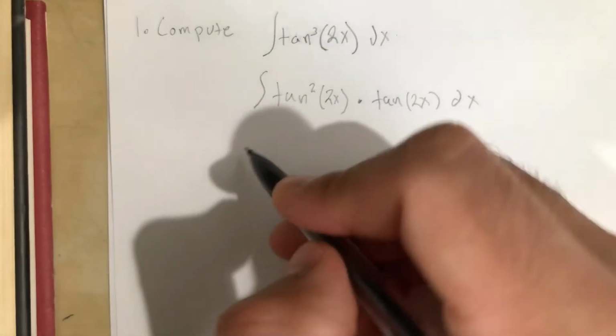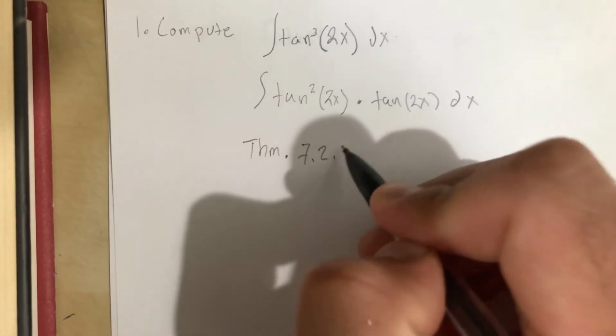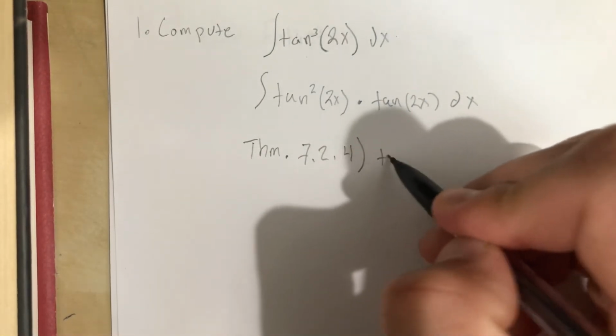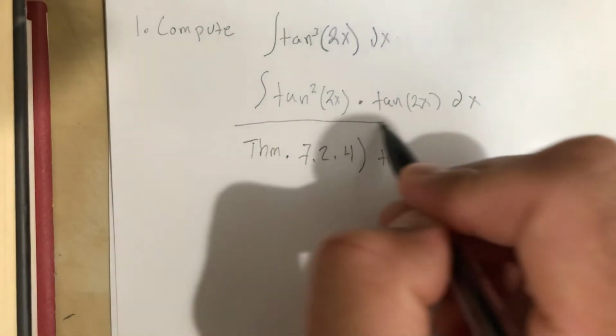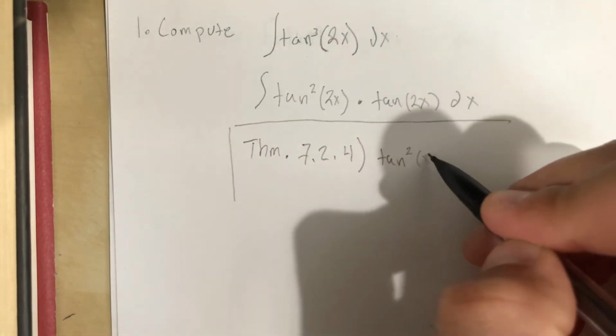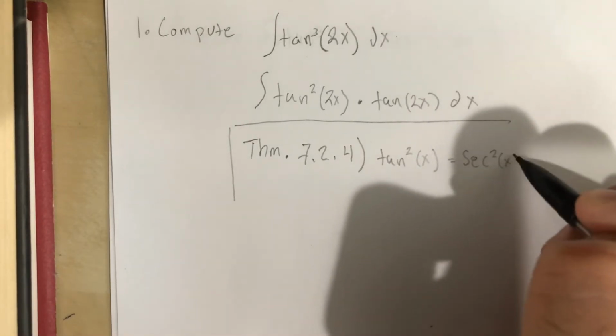And from theorem 7.2.4, we know that tangent, let me put a box around this so it's not confusing, tangent squared x is equal to secant squared x minus 1.